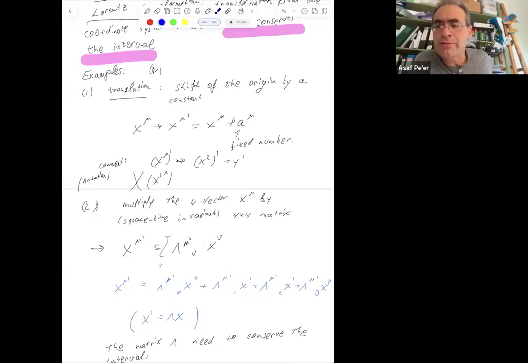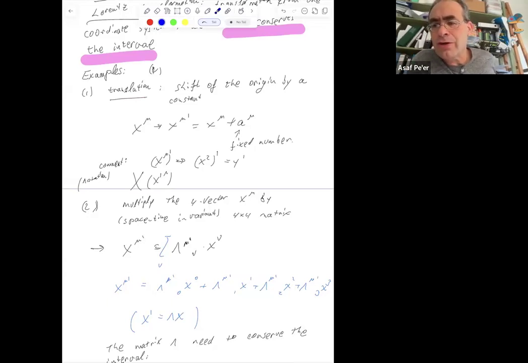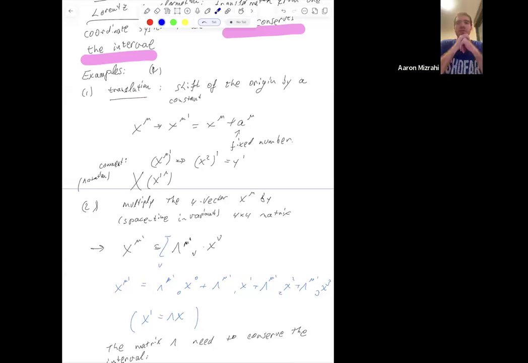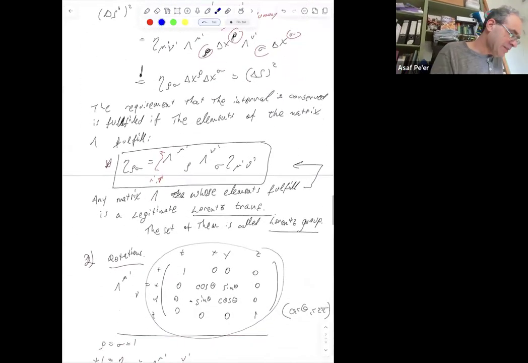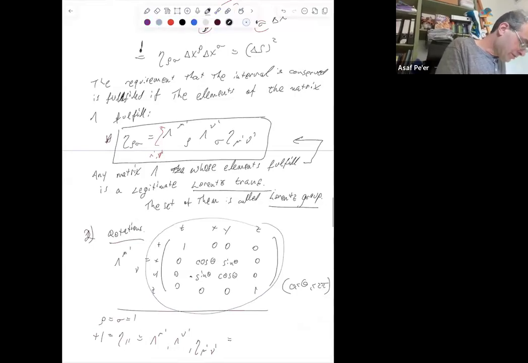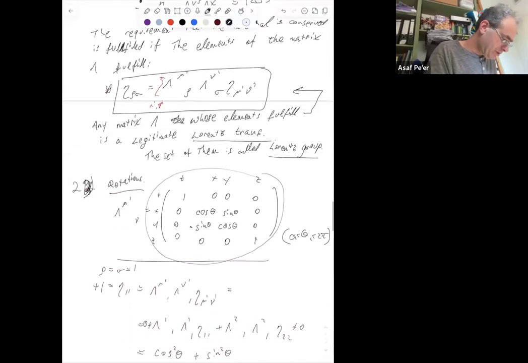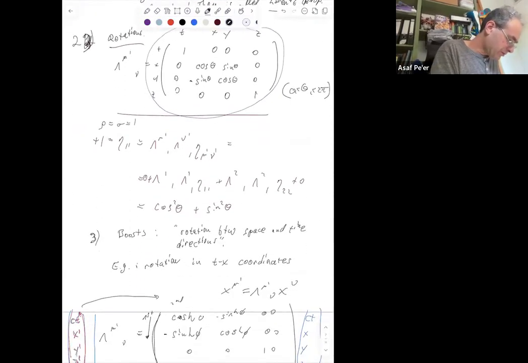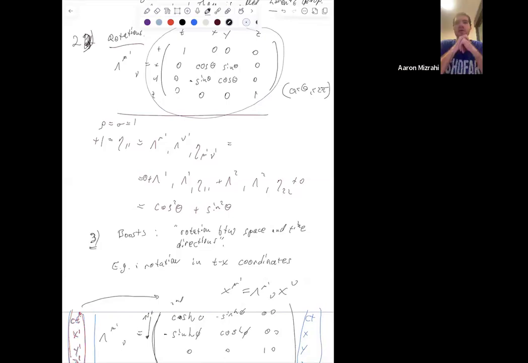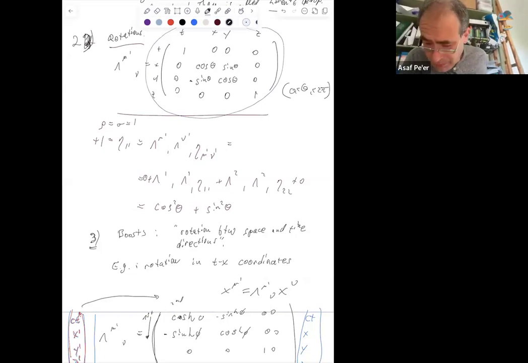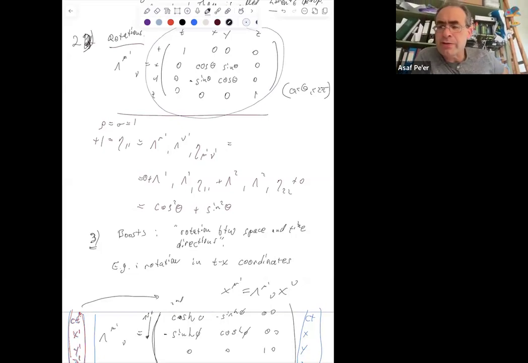And the third is a boost, which mathematically speaking has the same structure as a rotation, only that time is one of the axes. I did not get confused. I said number 4 are discrete transformations, which we don't care about in this course.